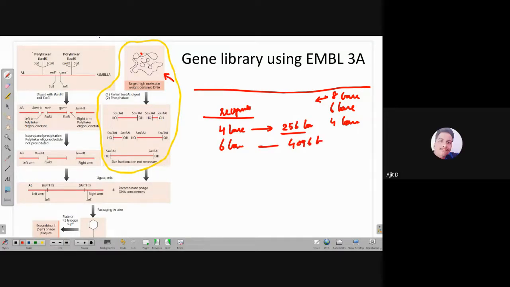That's right, and then 8 goes on. So 4 base, 256; 6 base, 4096. For 8, tell me the number, please. I will write it so we can all understand. Anybody? Calculate if you need. Is somebody doing it?